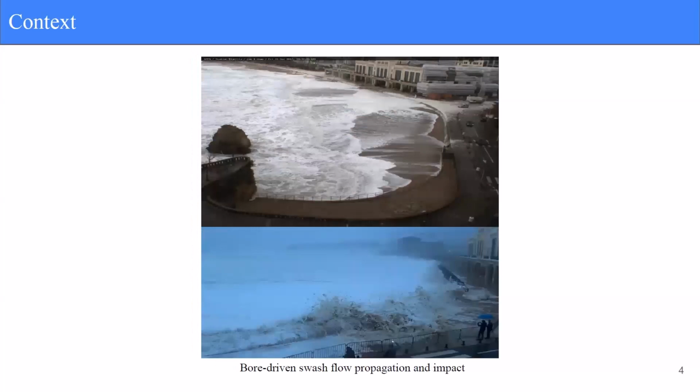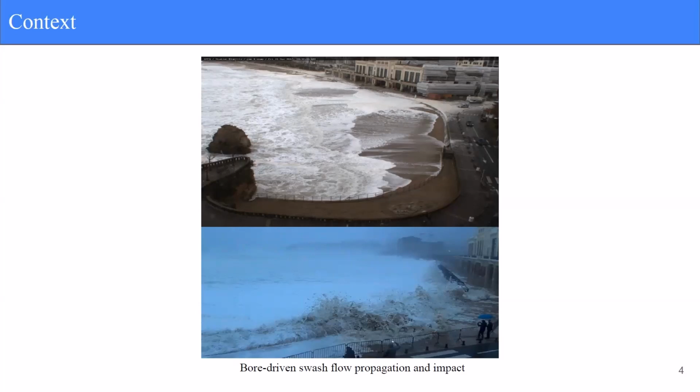So as you can see here in these two images, this is the Grande Plage of Biarritz in southwest France, where we have two cases. The first case is where this building is impacted by this very heavy storm, these very energetic waves. In the first case, we didn't put this removable dike, but in the second case, we put it. And you can see that waves can really overtop.